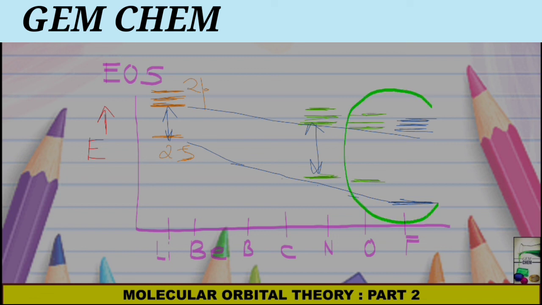So these are treated special because there is no overlap or mixing between 2s and 2p. But when we do the molecular orbital energy level diagram for this, then we will see that there will be a mixing. So this much for today.